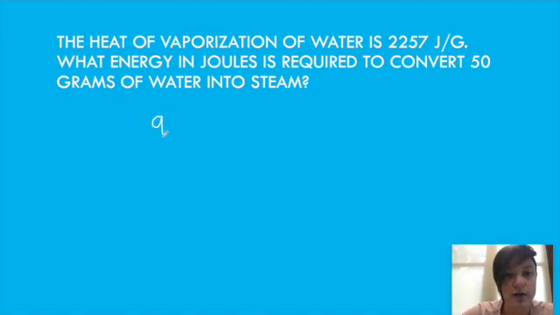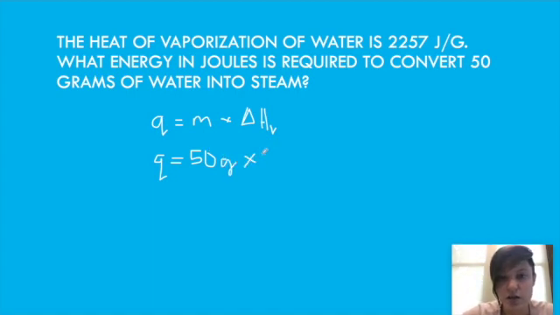Q is equal to mass times delta heat of vaporization. I'm just going to use a little V there. We're looking for Q. We're given our mass as 50 grams, and our delta H of vaporization is 2,257 joules per gram.